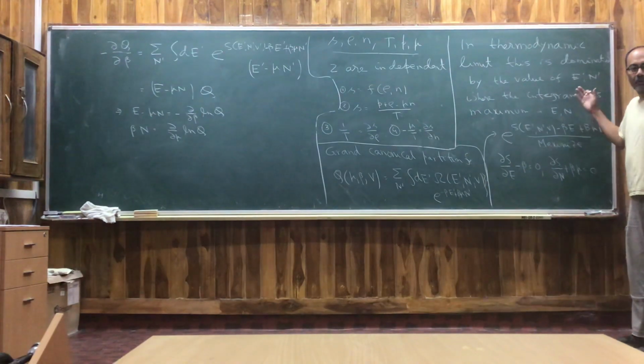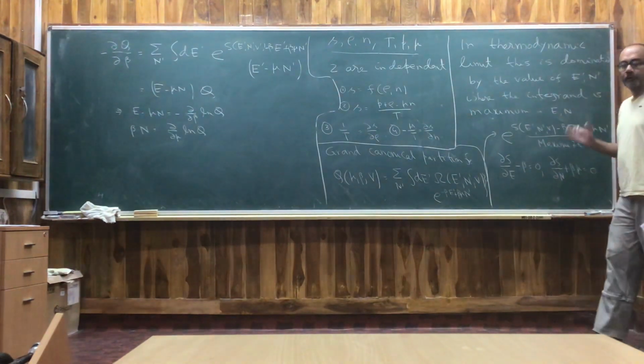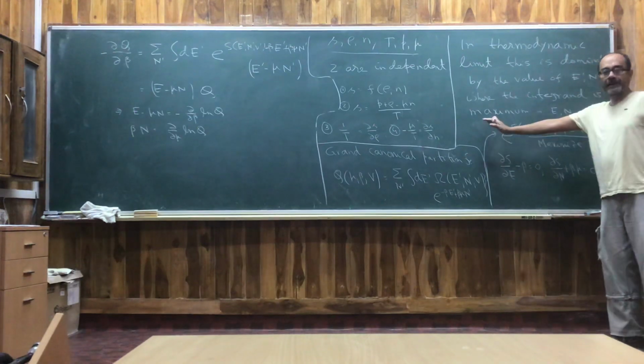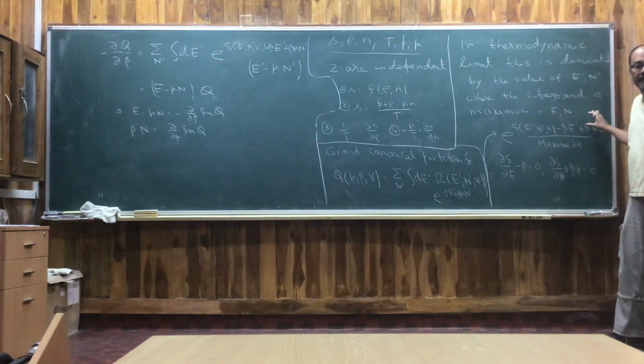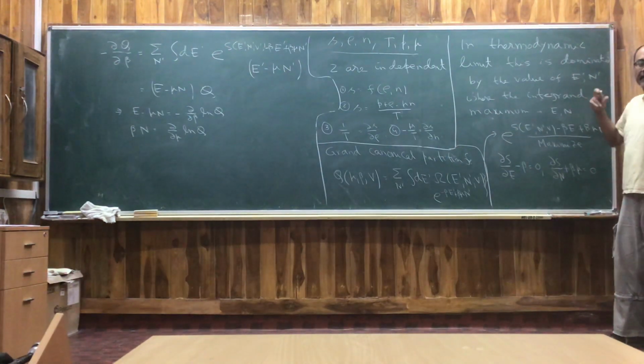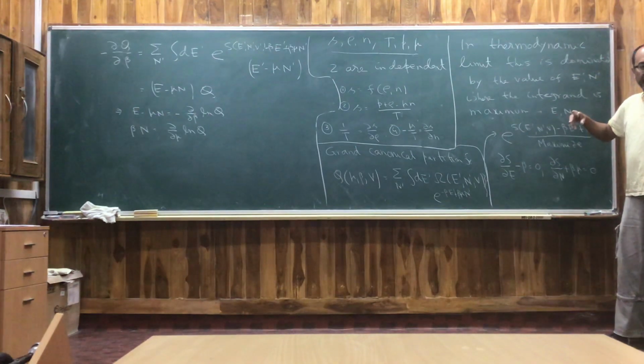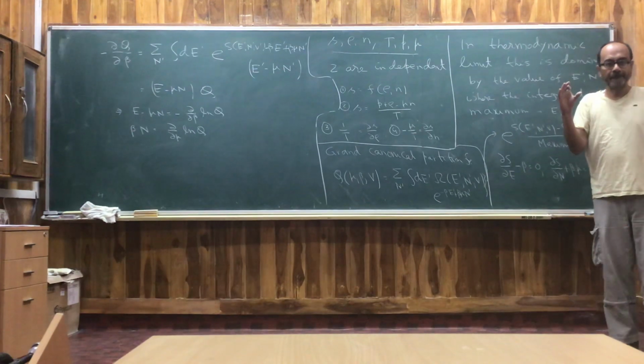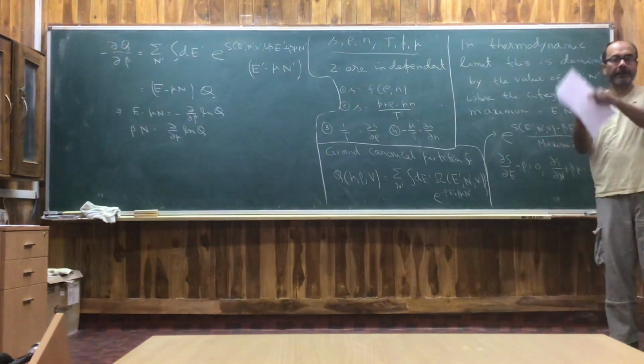So if you take V to be very large, then this V comes out and there is a function. If that function has a maximum, you are multiplying it by V, a very large number. So that makes the maximum sharply peaked. So that's the thermodynamic limit.